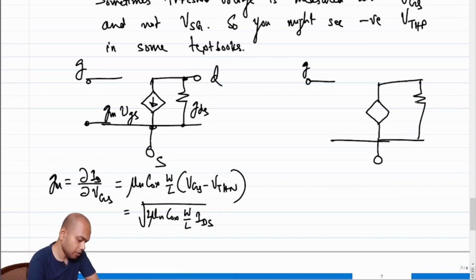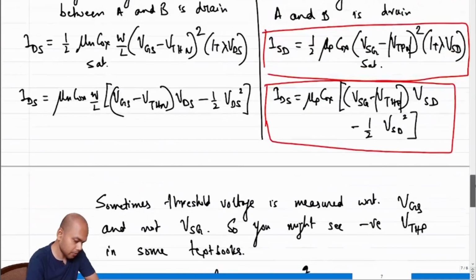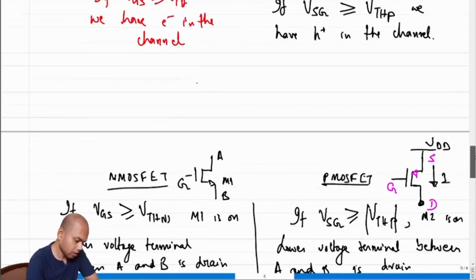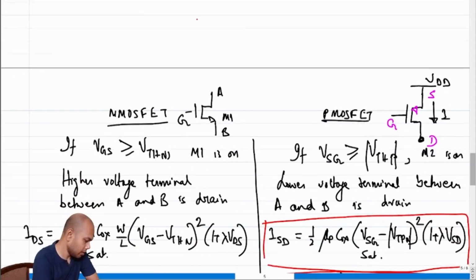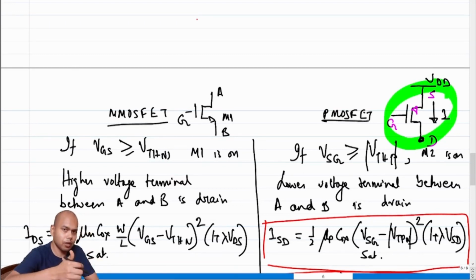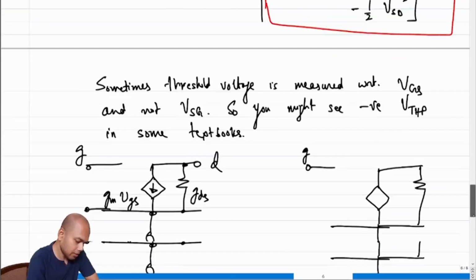But now the way we have sketched it, if I take you back to this diagram, the source was on top, the drain was at the bottom, right?